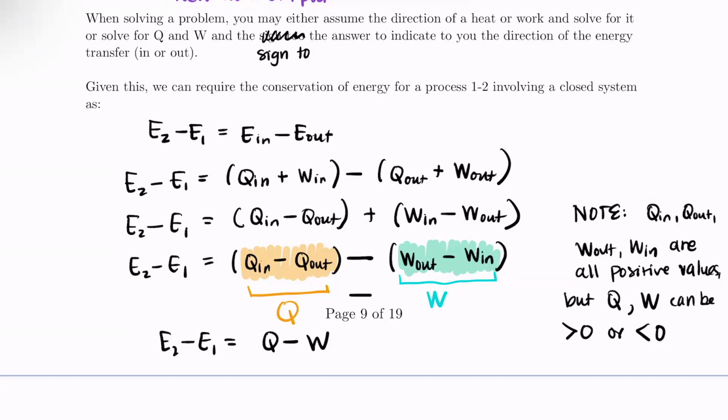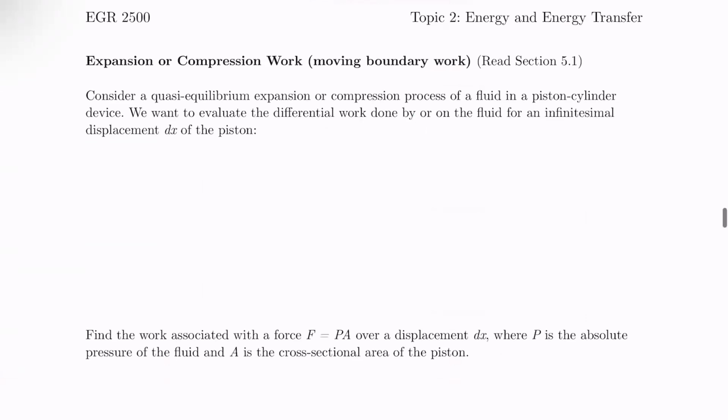Okay, let's do a little bit of a discussion about expansion or compression work, otherwise called moving boundary work. So if we consider a quasi-equilibrium expansion or compression process of a fluid in a piston cylinder, and just to reiterate, when I say quasi-equilibrium, that means that obviously the piston is moving inside of the cylinder here, but we're assuming that it's happening slowly enough that each of the little states that we move through are at equilibrium themselves.